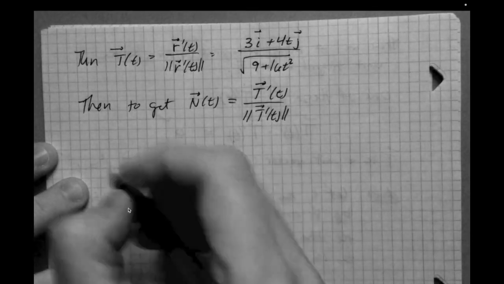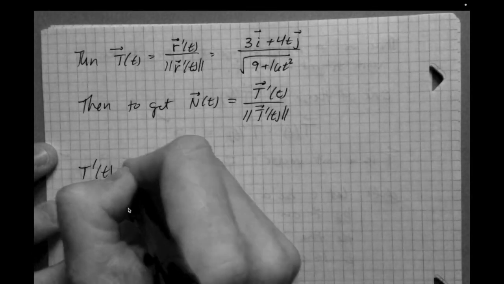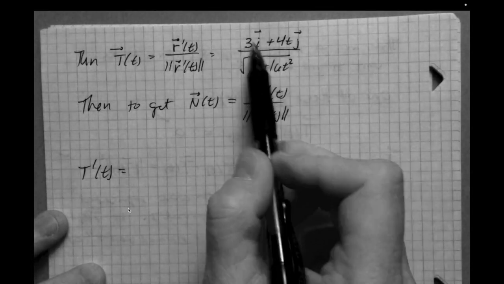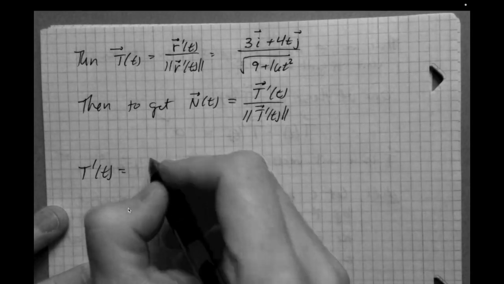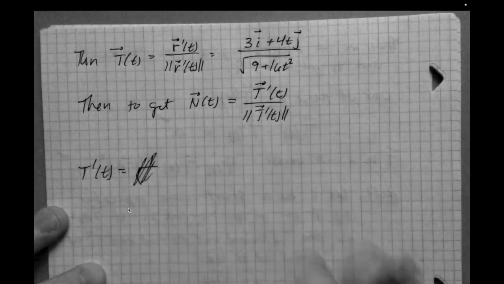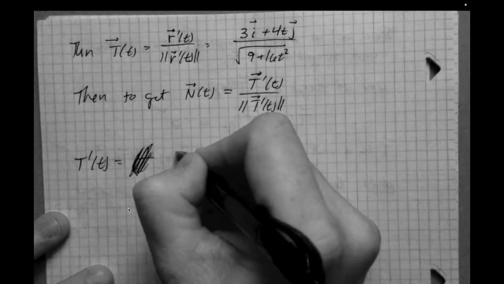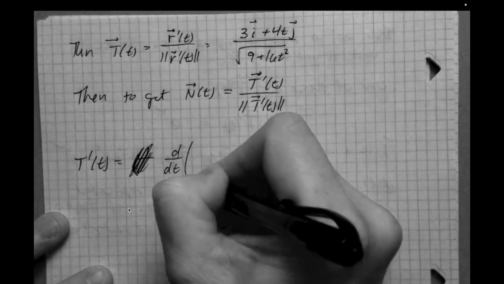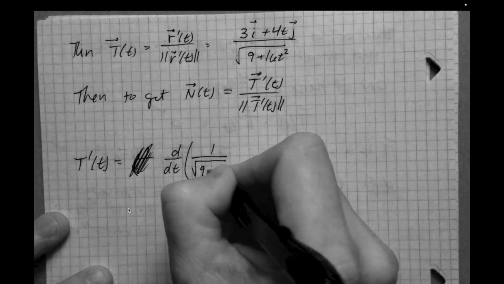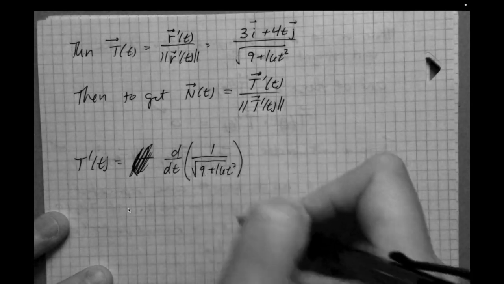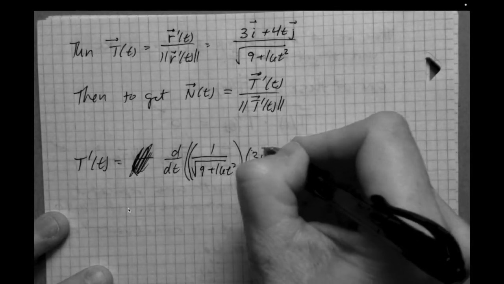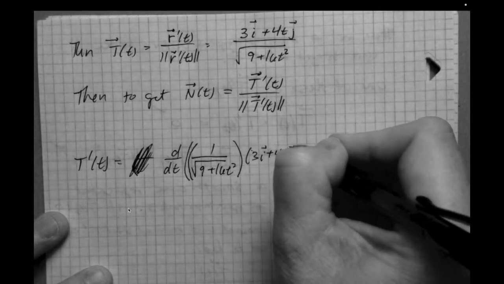Okay, and so T prime of t. Now you should think of this as a product. This is going to be the derivative of 1 over the square root of 9 plus 16t squared, times 3i plus 4tj.